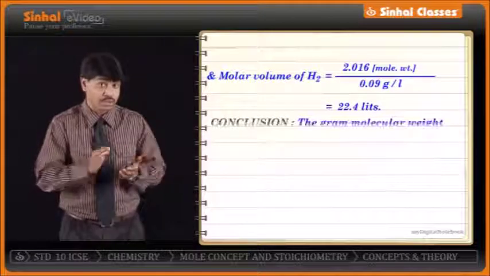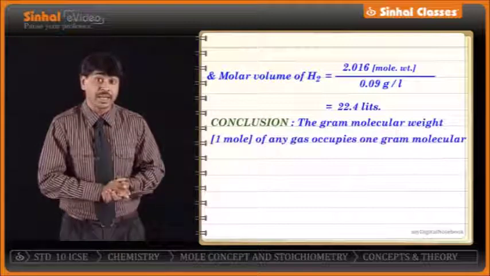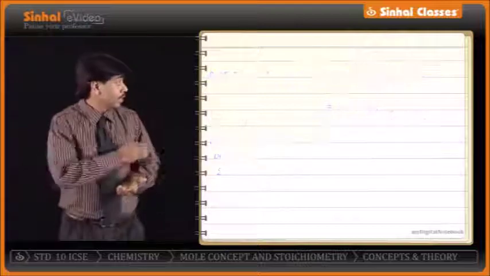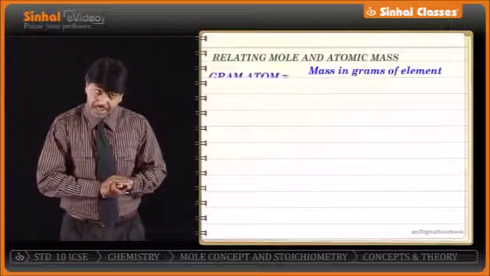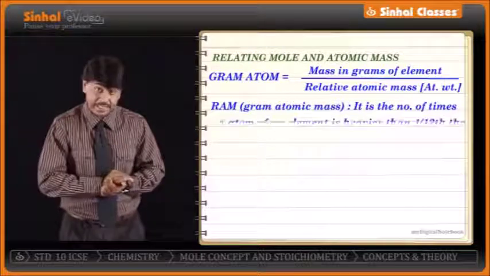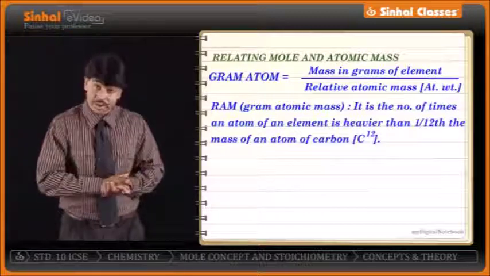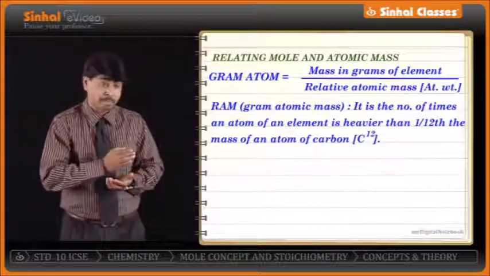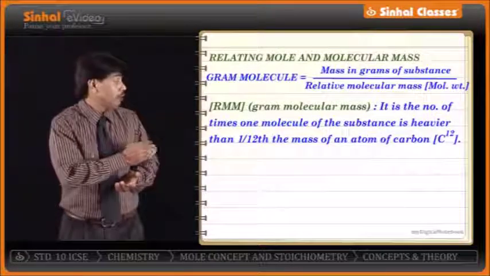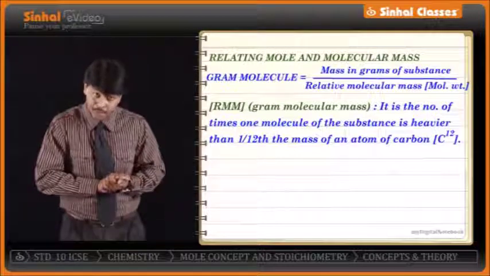So what conclusion have we drawn? That gram molecular weight will always occupy 22.4 liters at STP. So if I want to find out gram atom, what is the relation of it and how do we calculate it? It is equal to mass in grams of an element divided by the relative atomic mass. If I want gram molecule, it is equal to mass in grams of the substance divided by relative molecular mass.